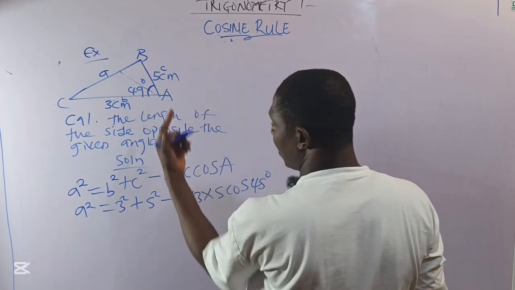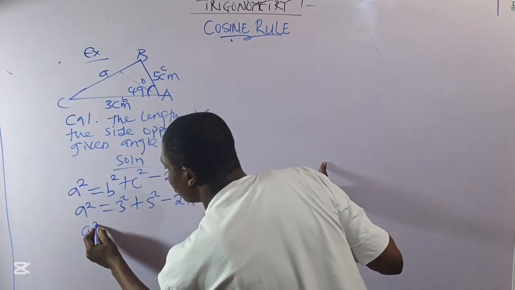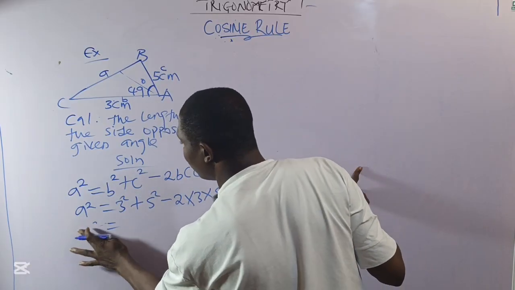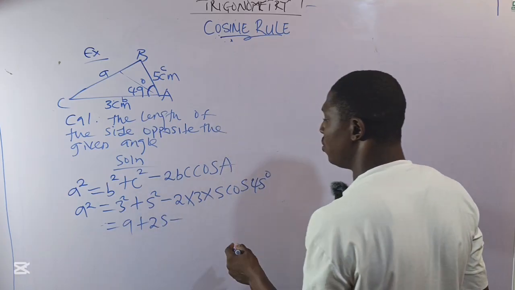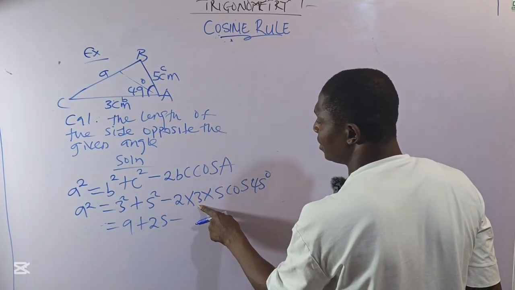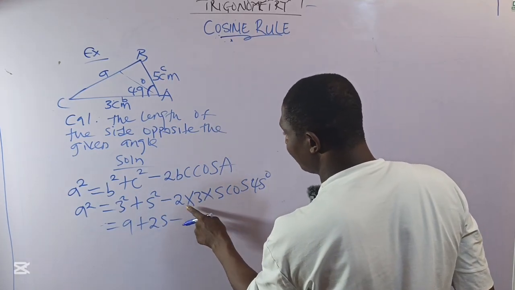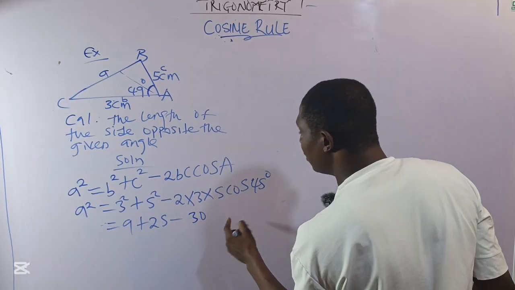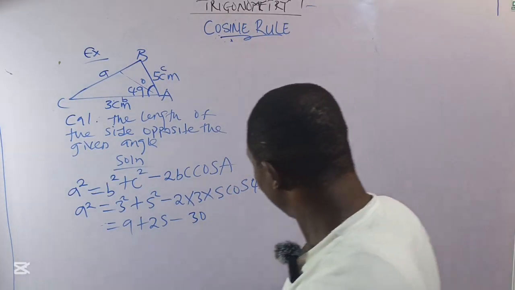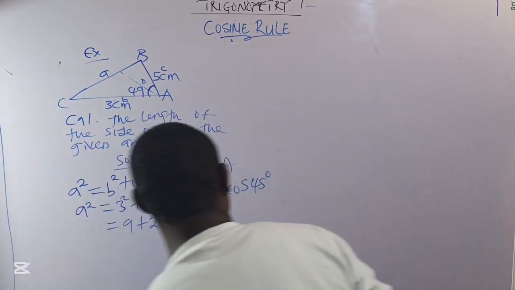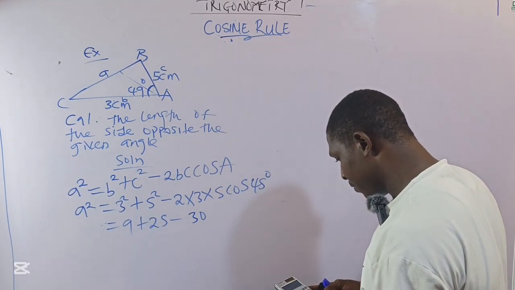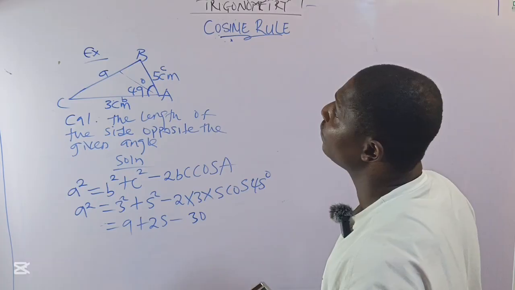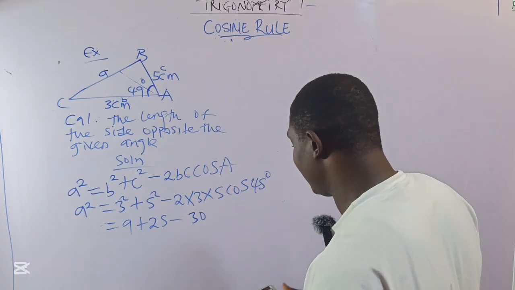This will give me 9 plus 25 minus 2 times 5, 10, 10 times 3 will give me 30, and cos 45. Cos 45 is 1 over root 2, which is root 2 over 2, yes.